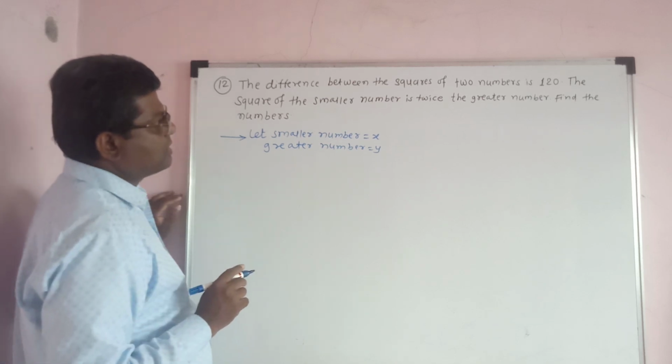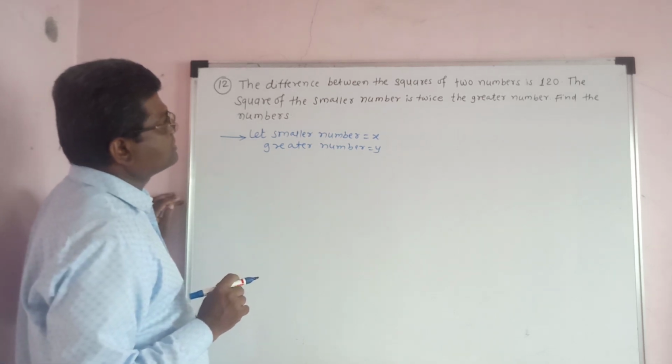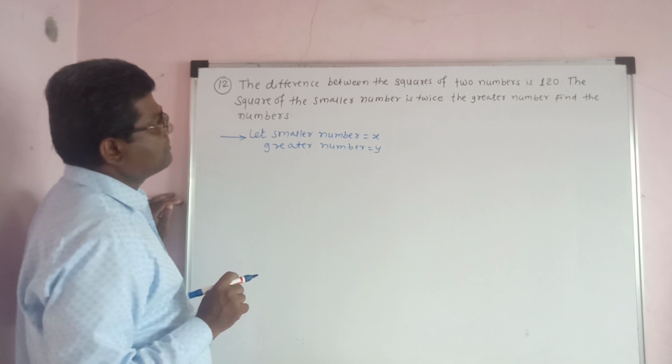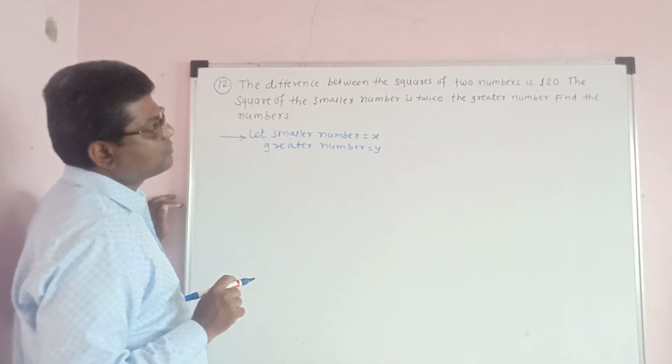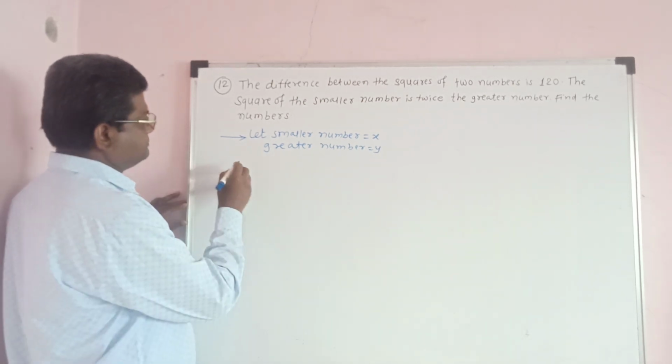Now, according to the first condition, the difference between the squares of two numbers is 120.